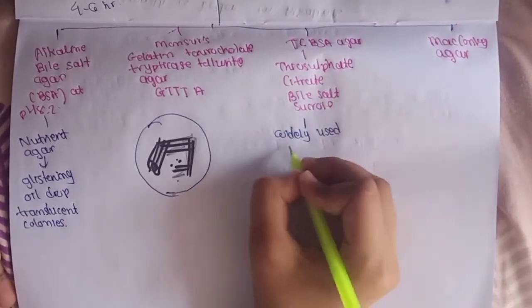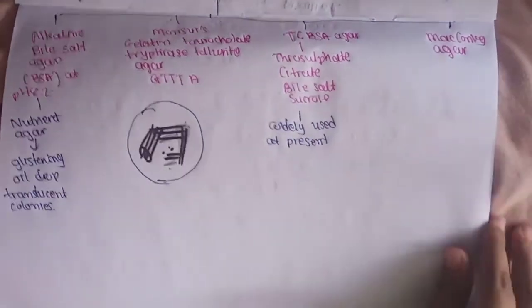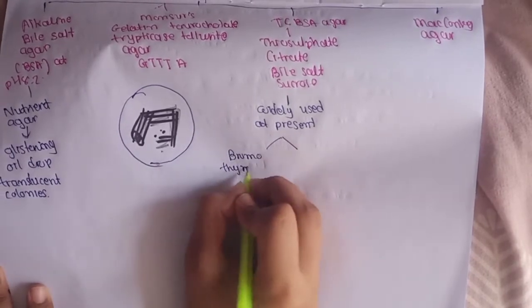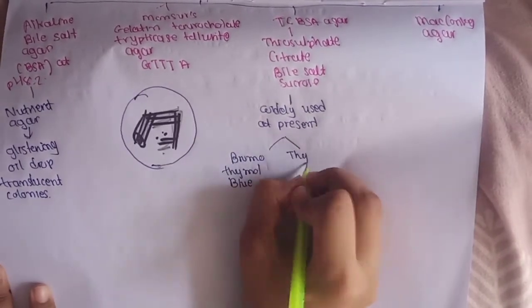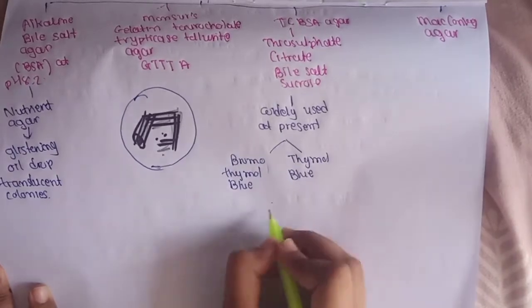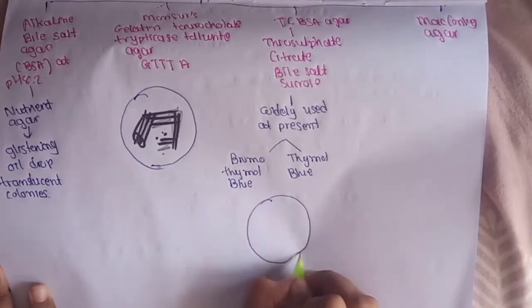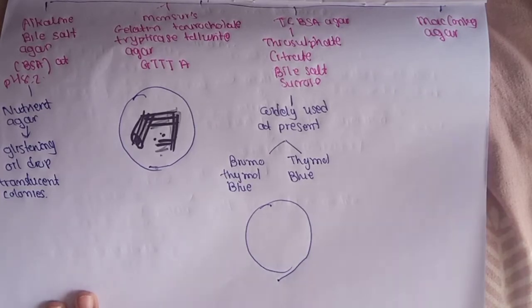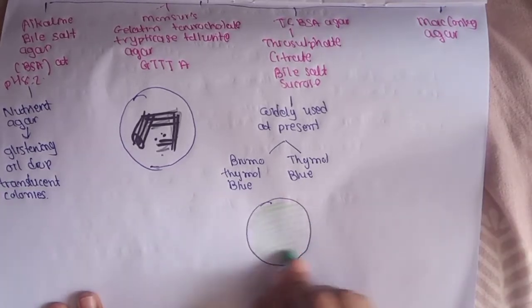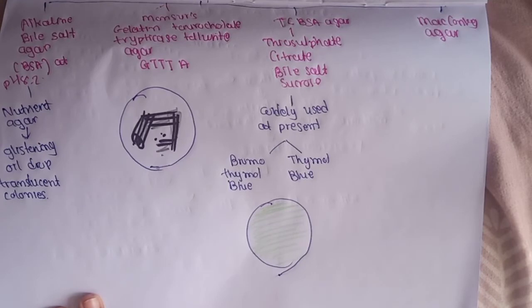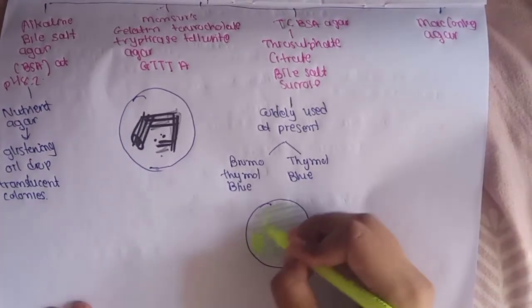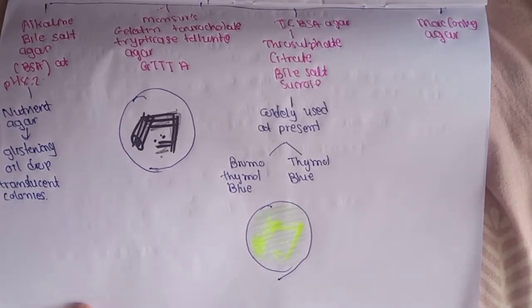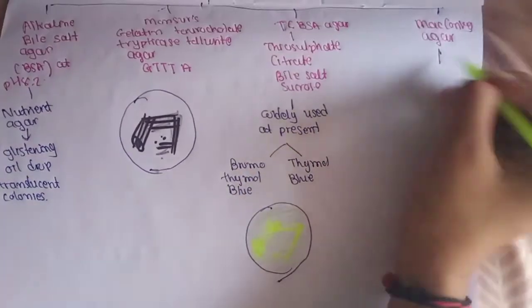TCBS agar is widely used at present, and here bromothymol blue and thymol blue are used as indicators. In TCBS agar, sucrose fermenting bacteria give yellow color colony, and non-sucrose fermenting organisms give green color colony. As we know, Vibrio cholerae is sucrose fermenting, so Vibrio cholerae will give yellow color colony.